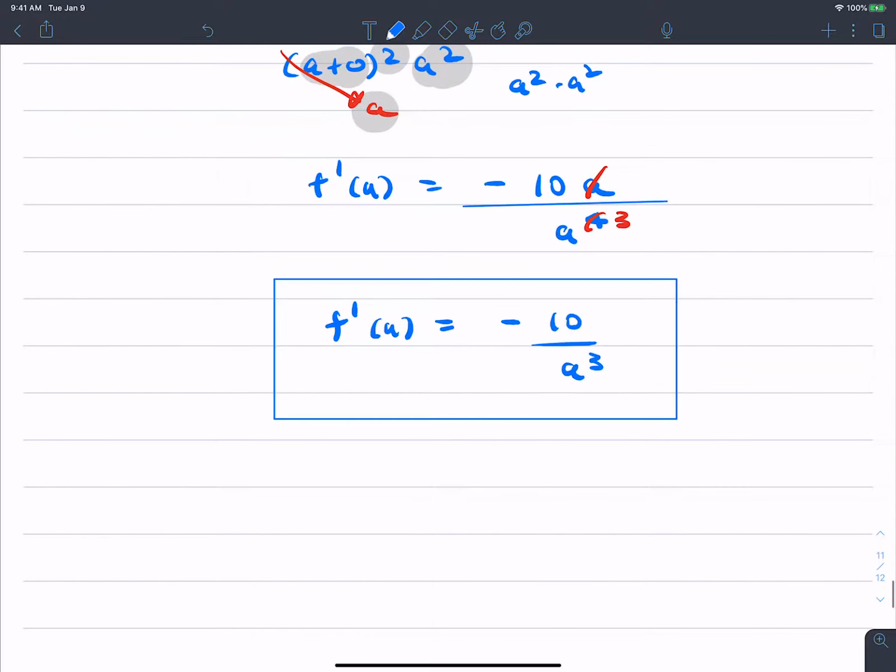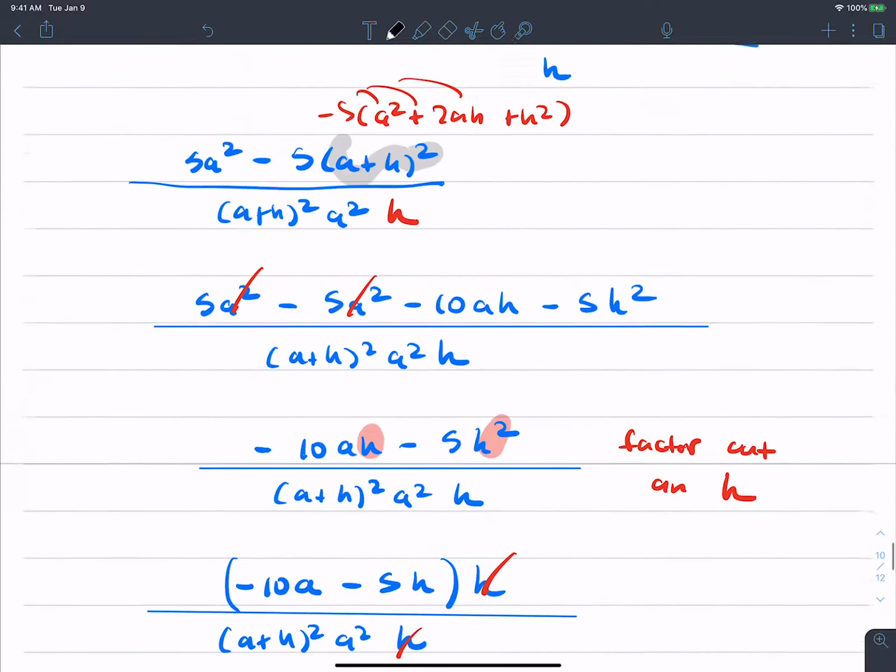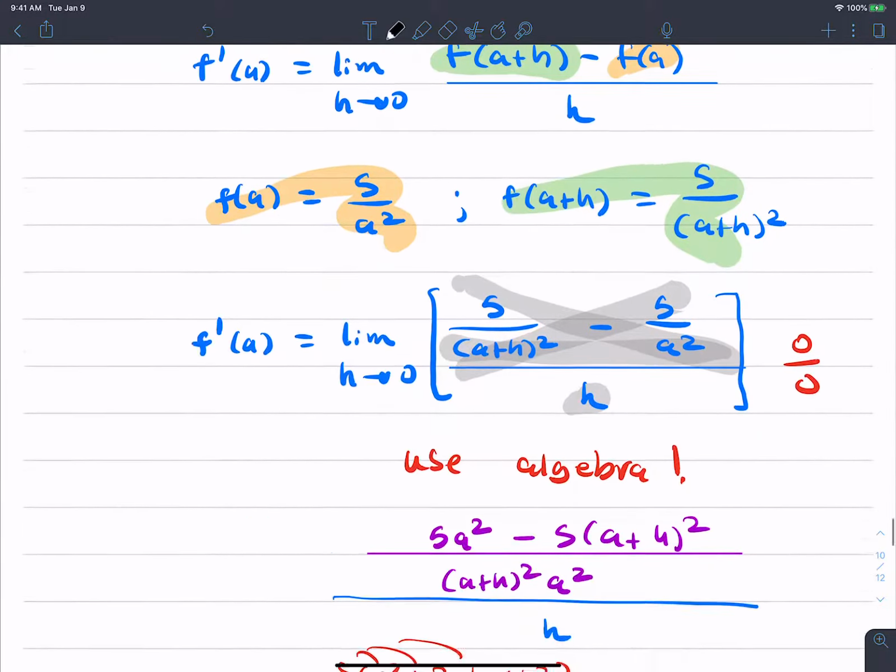So in a future course, we call that f prime of x. That'll be negative 10 over x cubed. Alrighty. Pretty nice. Okay, now, I guess that leaves us with question number 17.